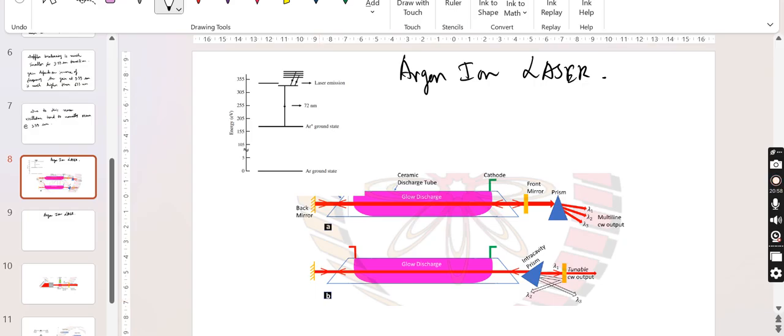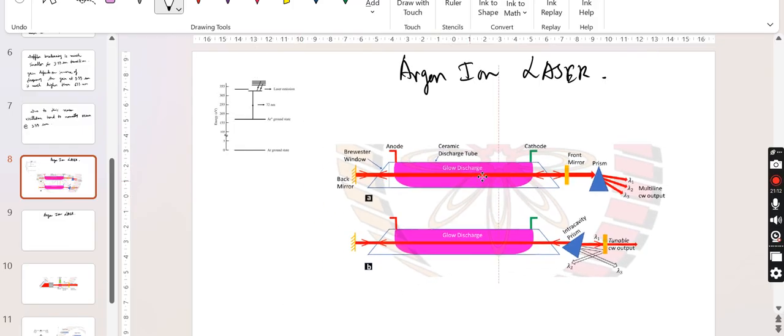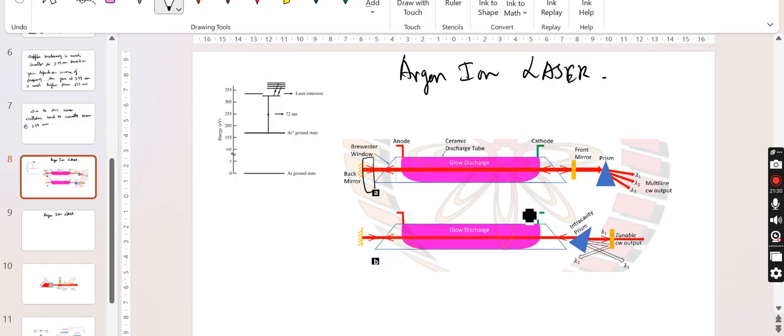So basically, the argon ion laser. Here the pumping has been done using the electric field. The electrodes are not placed at the end but on the sideways.